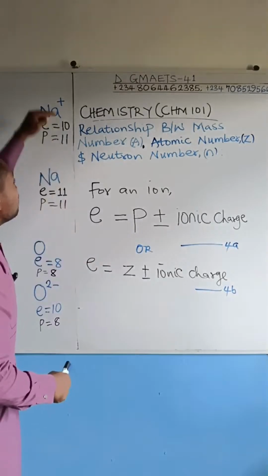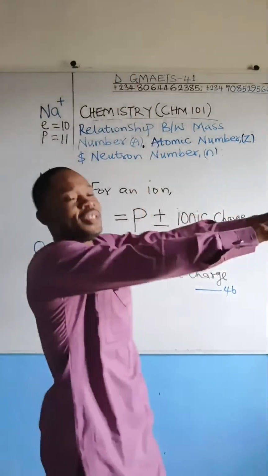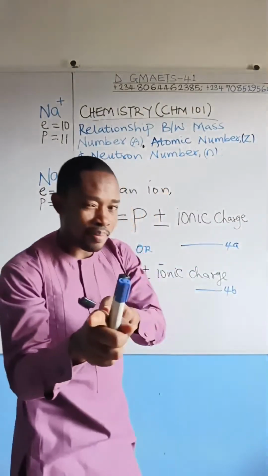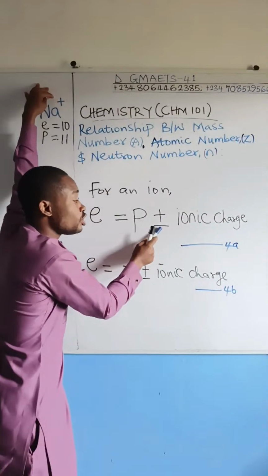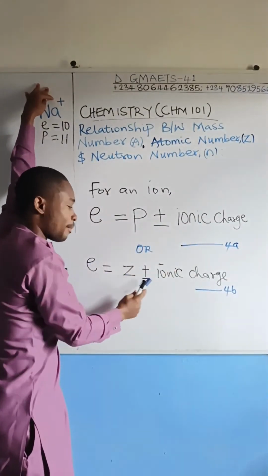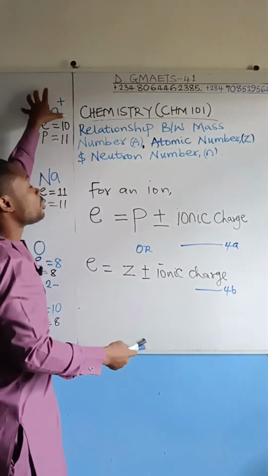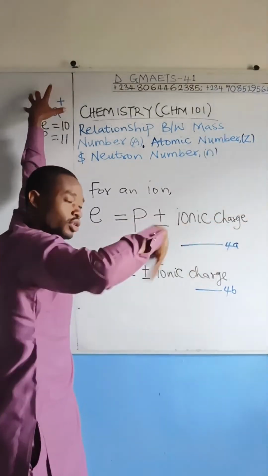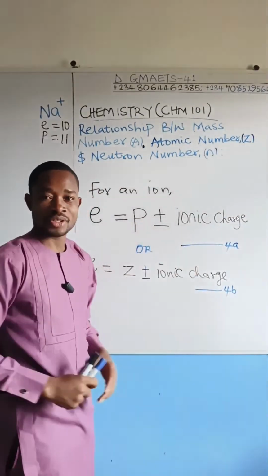The reason is this. Remember that to get a cation, that atom loses electrons. Losing is minus. That is why for a positive ion, for a cation, you are going to go with P minus ionic charge or Z minus ionic charge. Because in that case, the atom lost, and losing, you subtract in calculation.